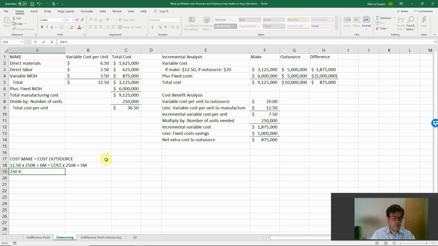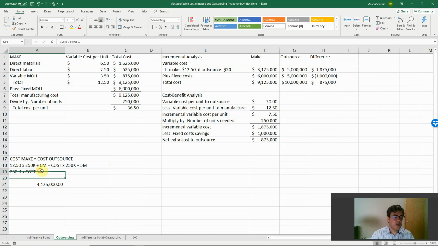250,000 times our cost is equal to, let's do our math here, 12.5 times 250,000 plus 6 million less 5 million. A lot of zeros here. It will be 4,125,000.